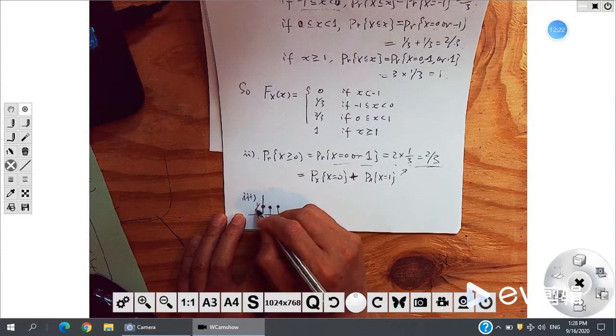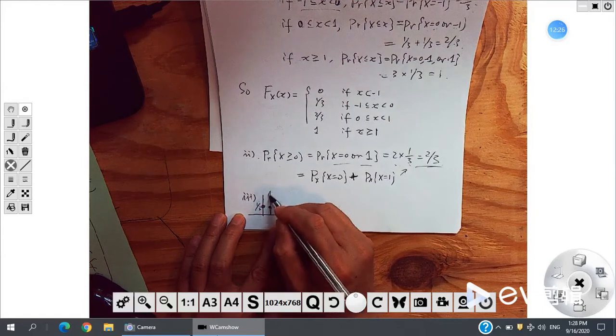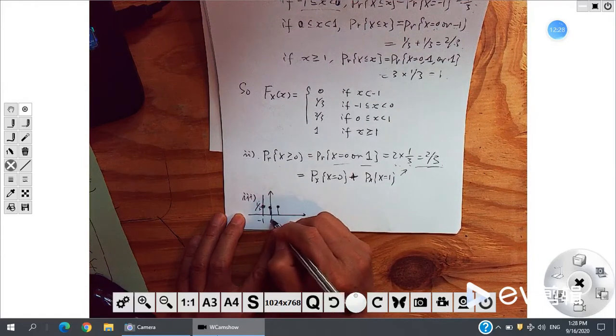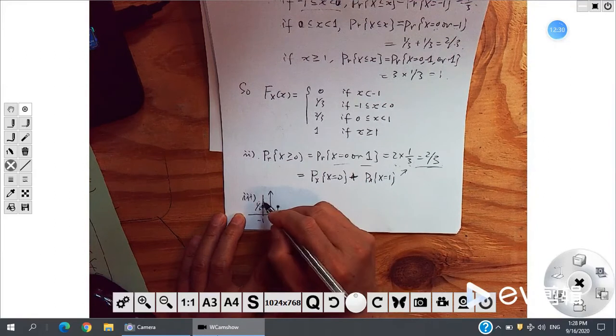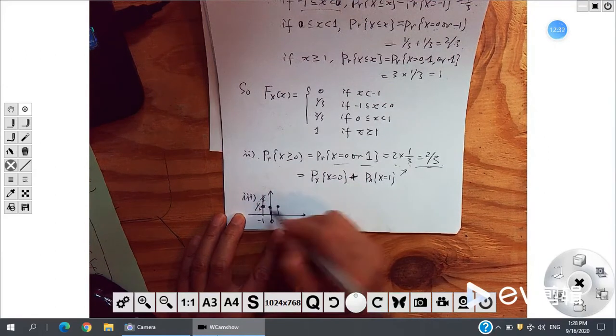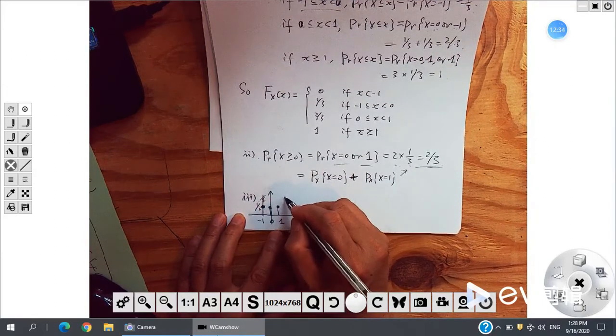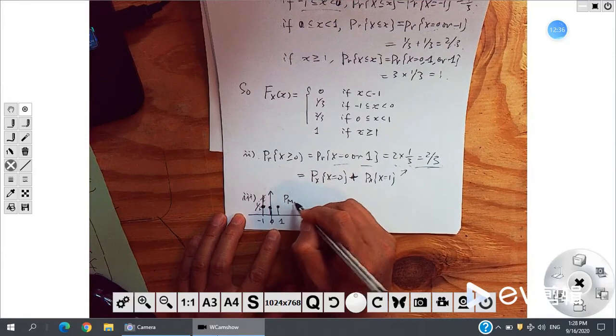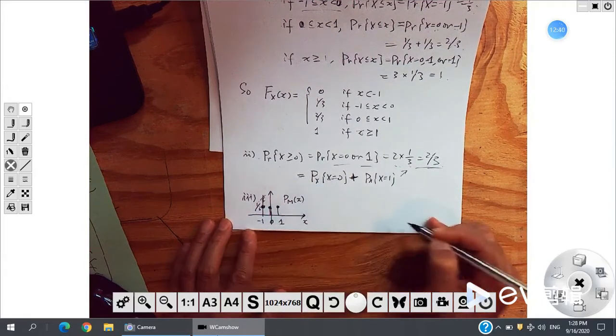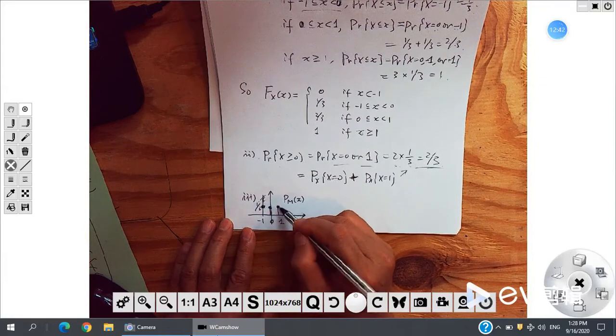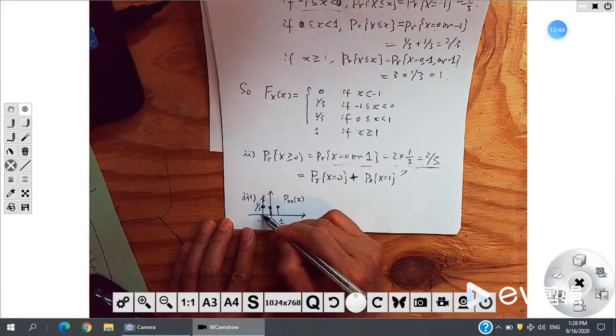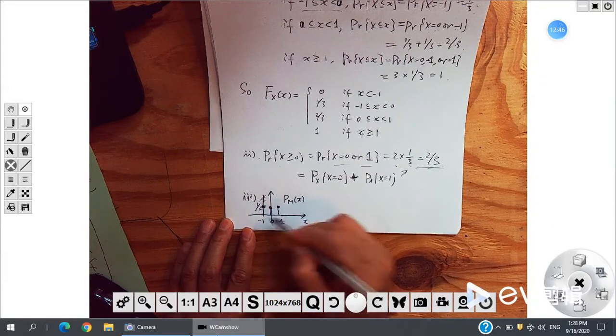Each is 1/3. I start from -1, should be here. -1, 0, and 1. Like this. This is a probability mass function. We have these 3 non-zero values, and all the rest are zeros.